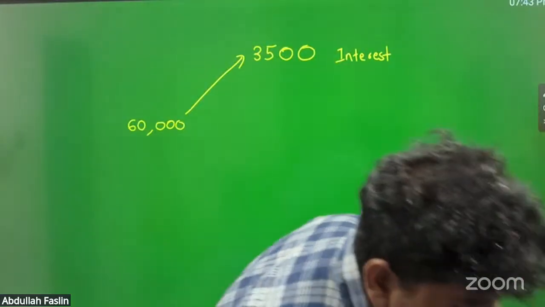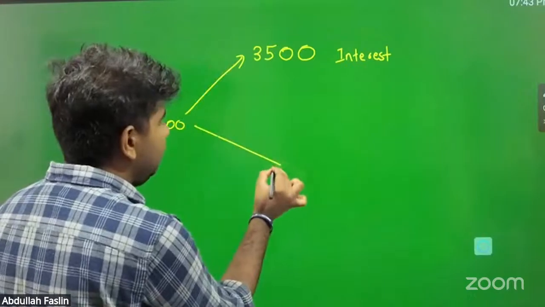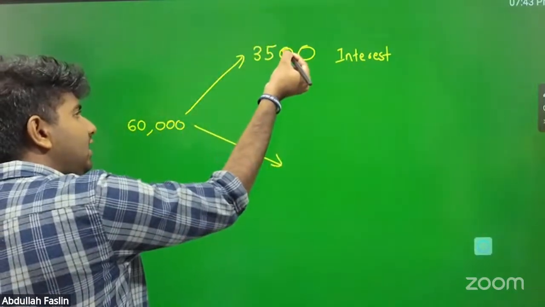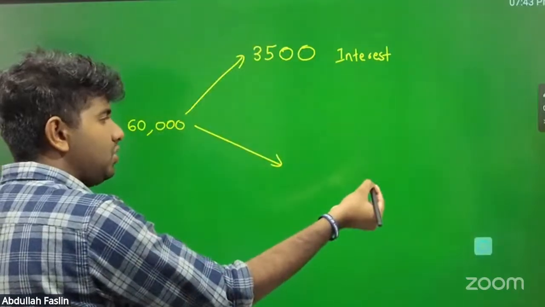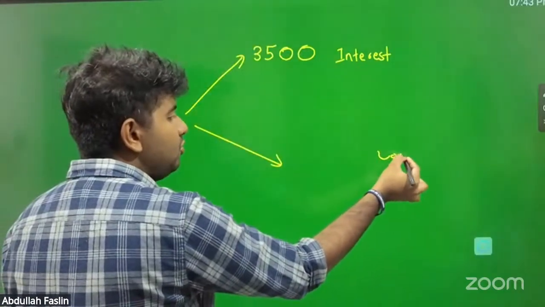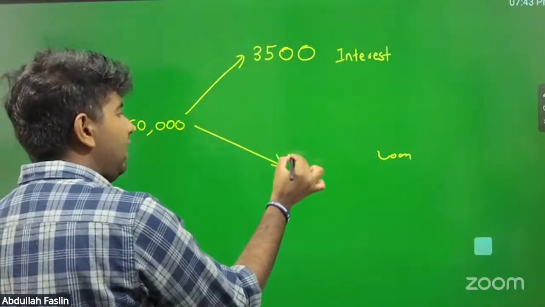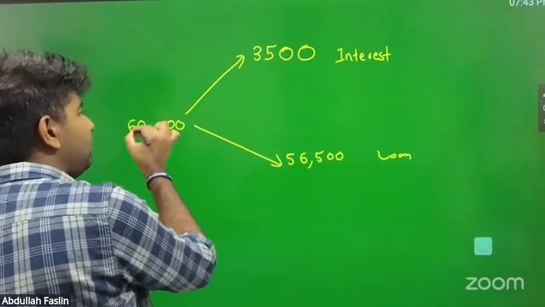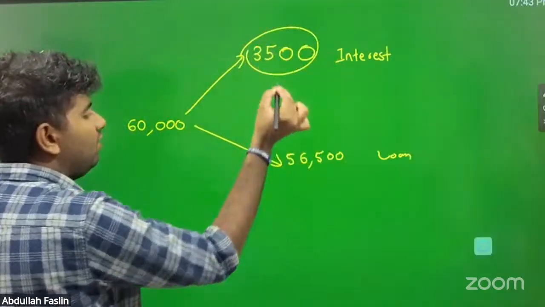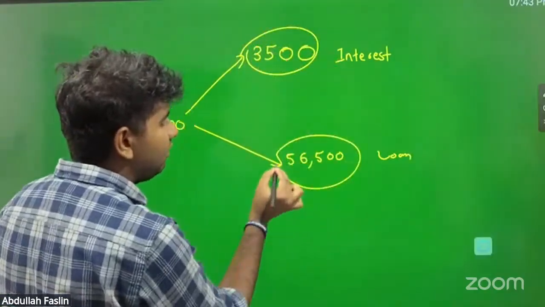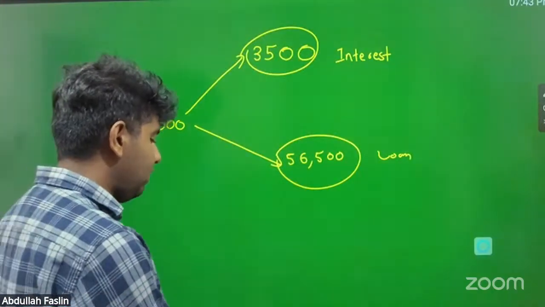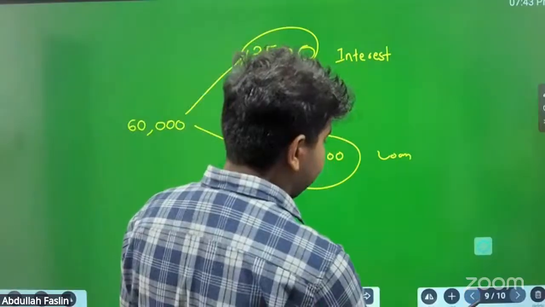Out of 60,000, if 3,500 is interest, then what is the loan portion? For the loan, you are paying 56,500. Out of 60,000, 3,500 for interest, 56,500 for the loan portion. Therefore, that is the total amount.